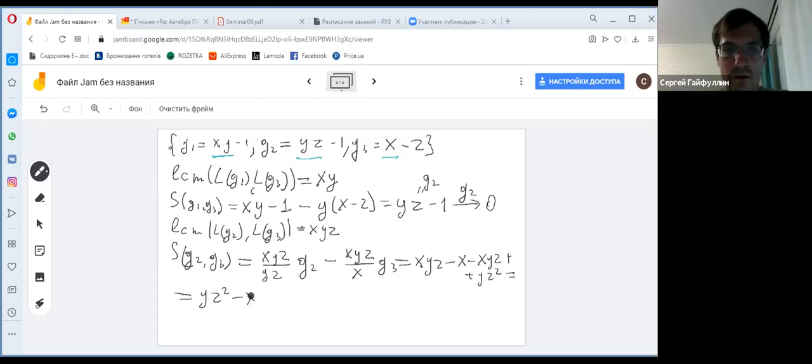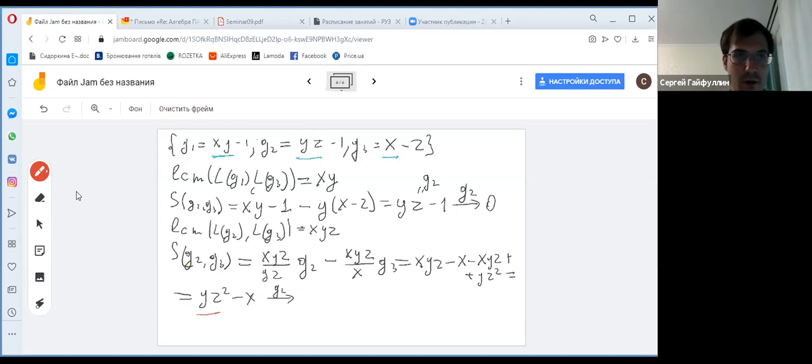Okay. And now I want to reduce it by, for example, G2. By G2, this term is divisible by the leading term of G2.